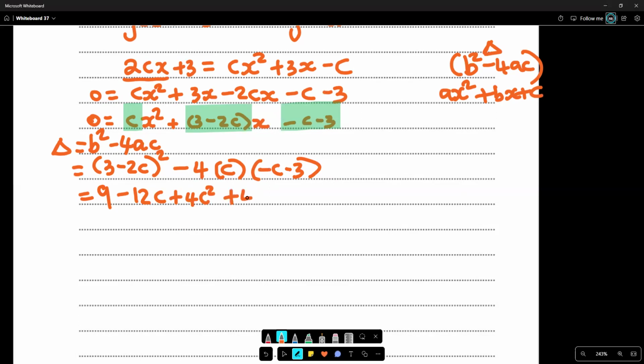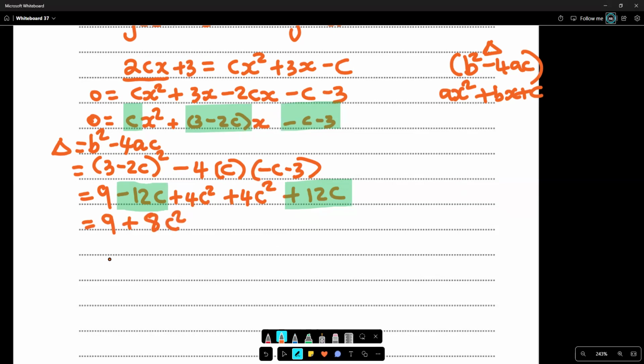That gives you plus 4c squared. Then negative 4c times negative 3 gives you plus 12c. All right. Then I'm sure we can see that this one and that one are going to cancel since they are like terms of equal values but opposite signs, right? And then we're going to get 9 plus 8c squared.